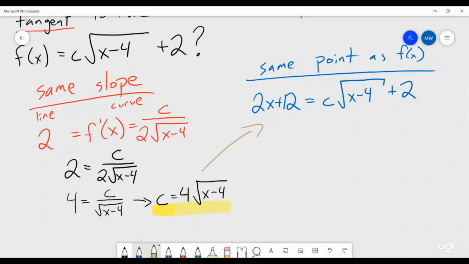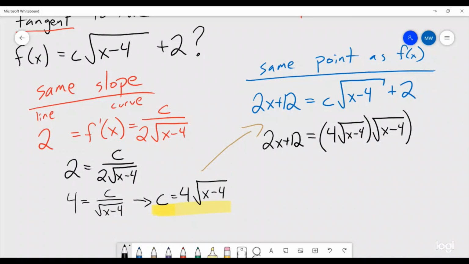So we can take this and plug that into this equation here. And when we do that, we will get 2x plus 12 is equal to 4 square root x minus 4 times the square root of x minus 4, plus 2. So we get 2x plus 12 equals 4 times x minus 4 plus 2.